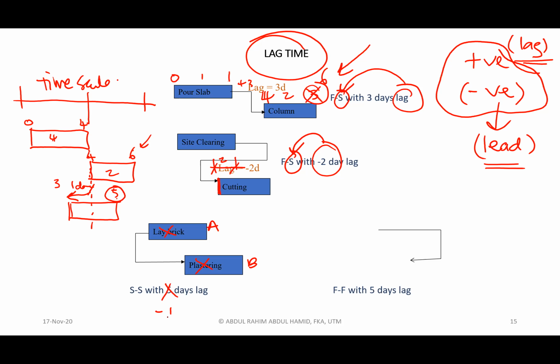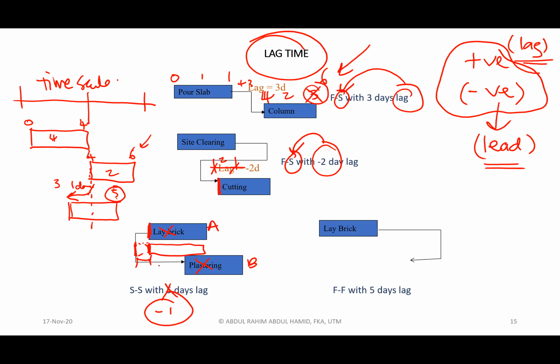Well, without the delay, this activity will start here, exactly the same as A. But now, since we do have negative lag, or start the following activity much earlier, this activity must be pushed as if it is 1 day ahead. So now this activity must start early. And that is the concept with negative lag.